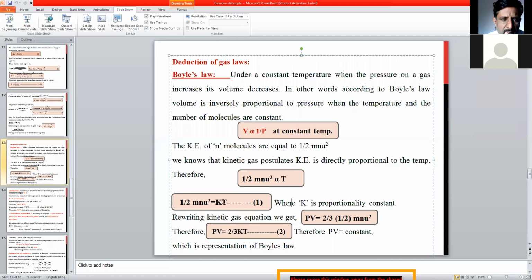This is equation number 1, where K is the proportionality constant.